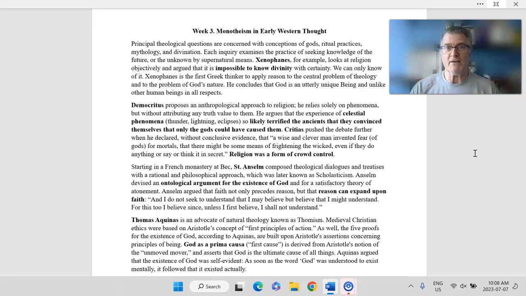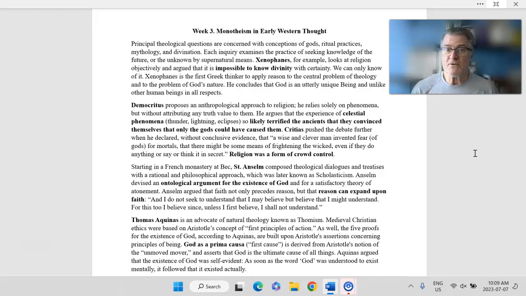So straight out of the gate, we already have somebody telling us, no, I don't think we can completely understand what we're talking about. We can know of theology and of God, but that's as far as it goes. Xenophanes thought it was impossible to know divinity with certainty, and we can only know of its existence. To describe it is futile.